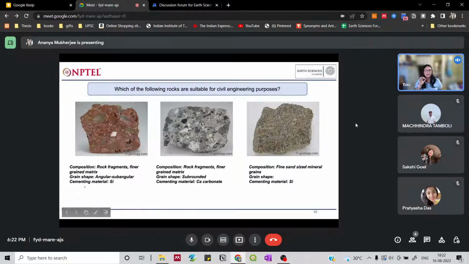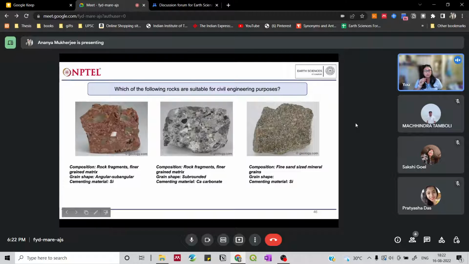And the cementing material is silica. Silica cement is much more favorable than other cementing materials. So in a way this is a favorable rock if you want to use it as a foundation stone.